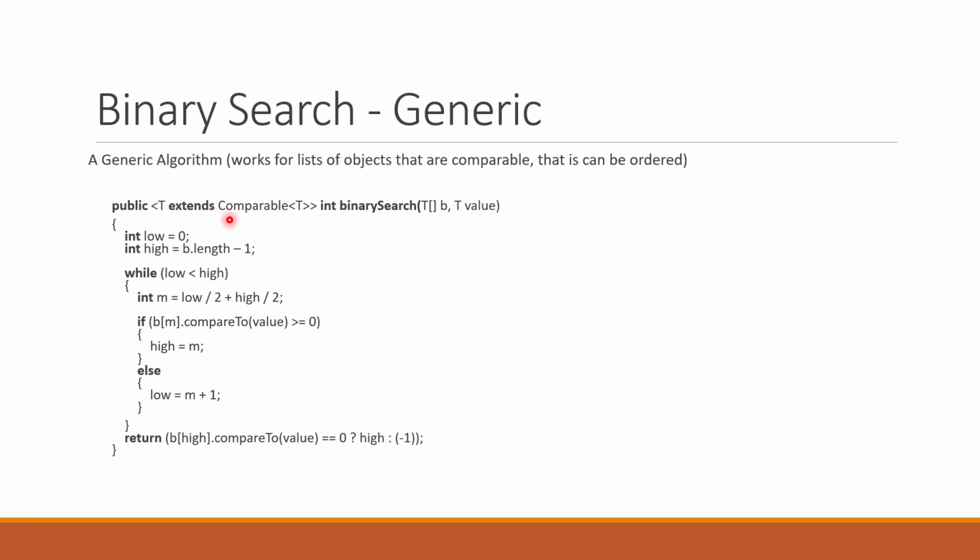So the type that we input here must either directly implement the Comparable interface or extend from a class that implements Comparable. So this is basically all comparable items. You can use your own custom classes, if they implement Comparable. We use compareTo down here, and also at the bottom of the algorithm, so we need to ensure that the type actually implements Comparable in some way.